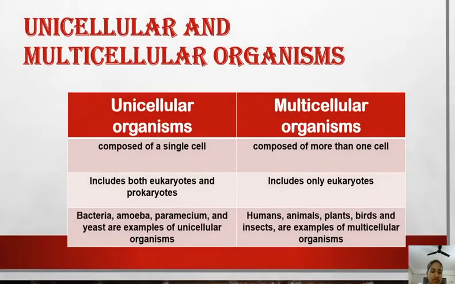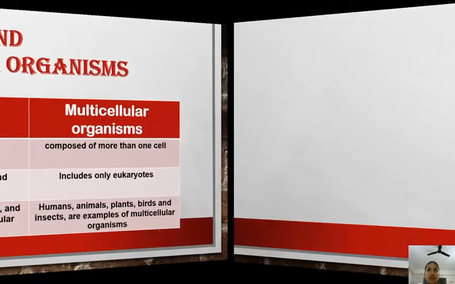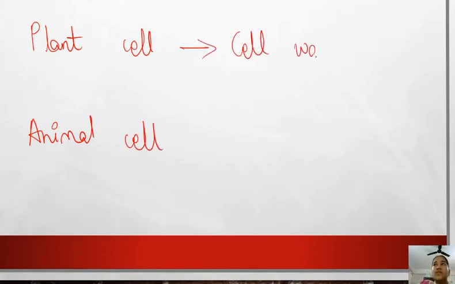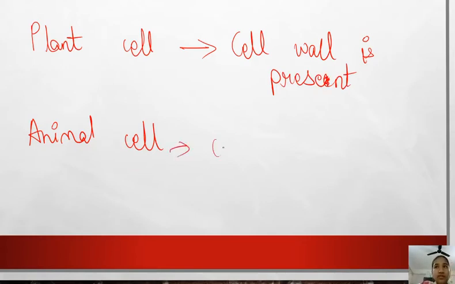The next thing which we have to discuss is, so we actually observed the plant cell and the animal cell. Cell wall is present in one. So why do only plant cells have a cell wall? Why don't animal cells have it?